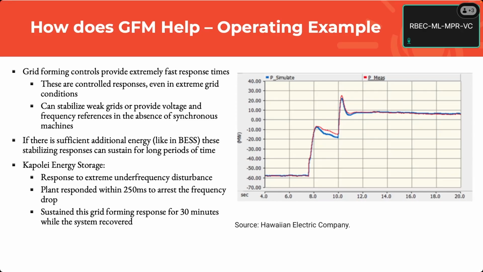And then what's happening here is they put a nonlinearity into the controls so that if the frequency hits, I think it's 59 hertz, they put a discontinuity in the controls that is just a simple if 59 hertz, add 50 megawatts. So that's what happens here. They just step in another 50 megawatts as a boost to the frequency. And then you level out with another synchronous machine type swing there, okay?